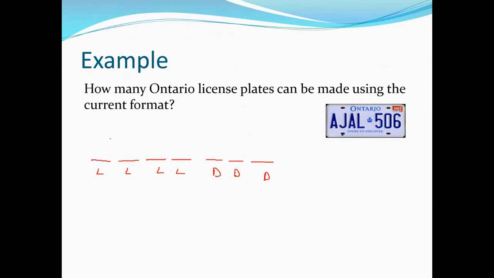For our first letter, there are 26 letters in the alphabet, 26 options. For the second letter, also 26 options. In fact, for each of the letters, if you can repeat them, there are 26 options. And for the digits, you have 10 options, the digits 0 through 9. So 10 options, 10 options, 10 options.